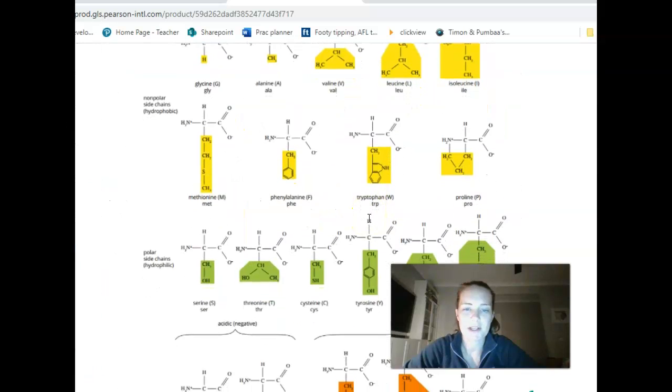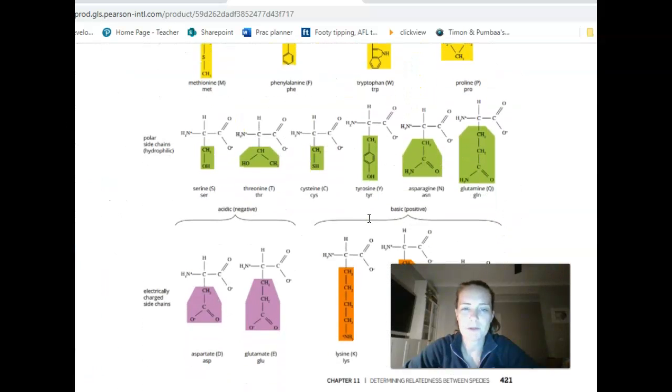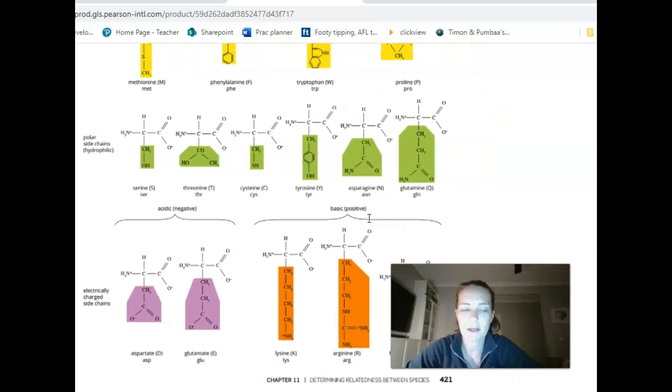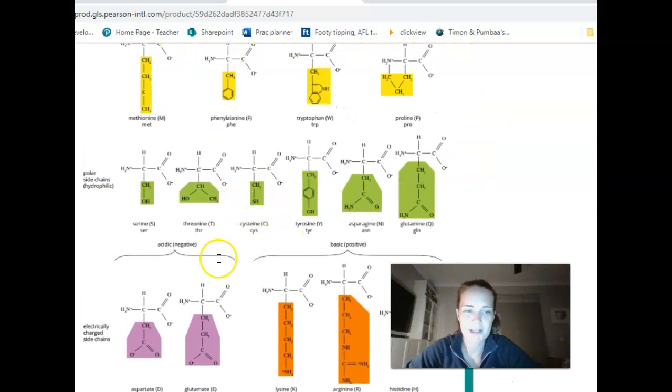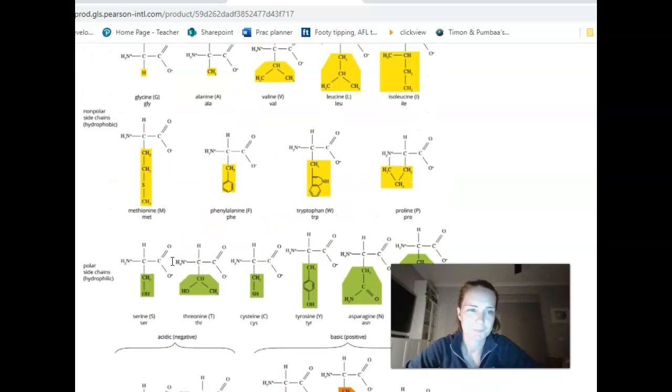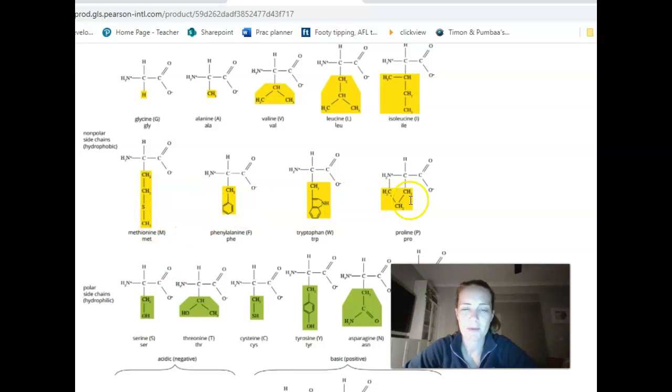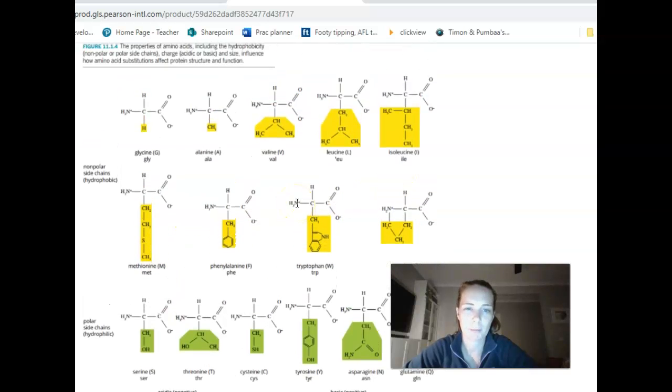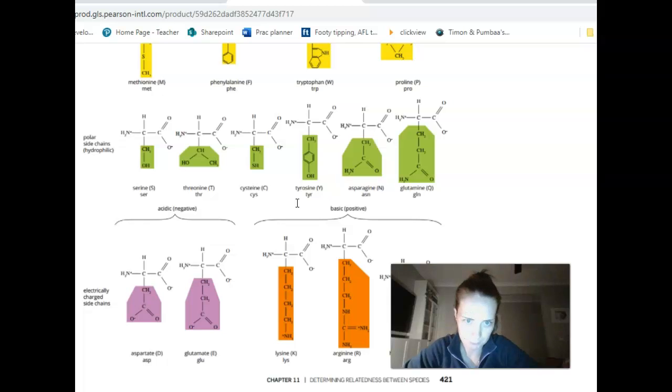And this diagram in your textbook shows how the R groups of some amino acids are similar, so they're grouped together. These R groups give the amino acids an acidic property. These R groups give the amino acids a hydrophobic property, and so on.